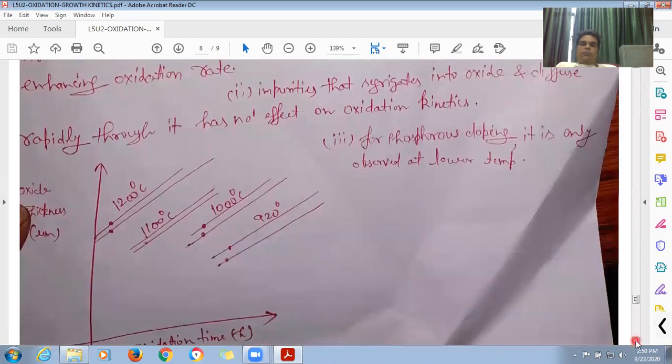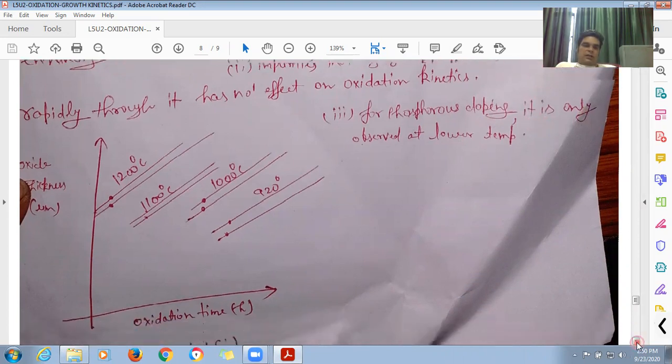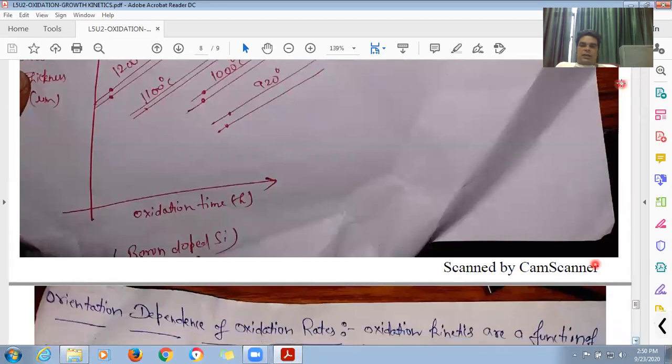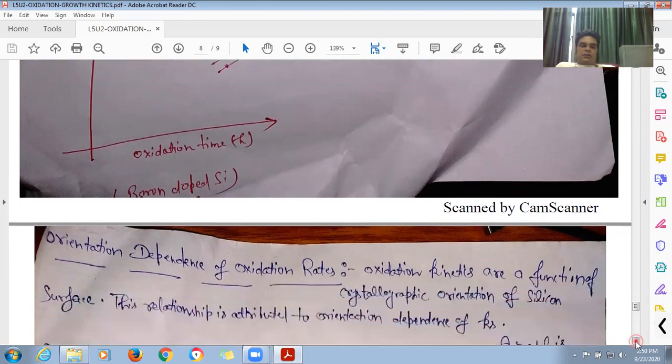Now, if we dope with phosphorus, the enhancement in the oxidation rate is only observed at lower temperature. You can see here the case for boron at different temperatures, thickness versus oxidation time. In case of phosphorus, you will get this enhancement in the lower temperature regions only.